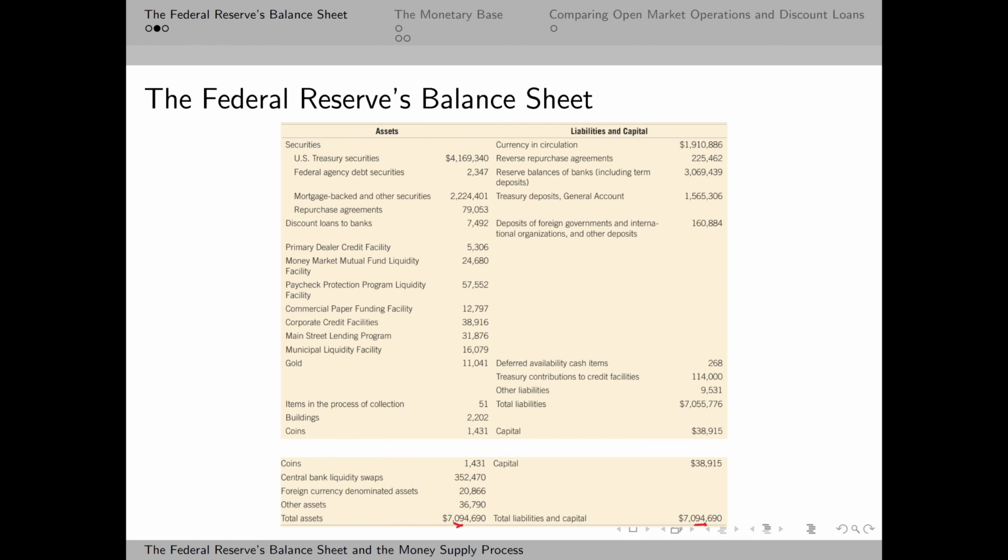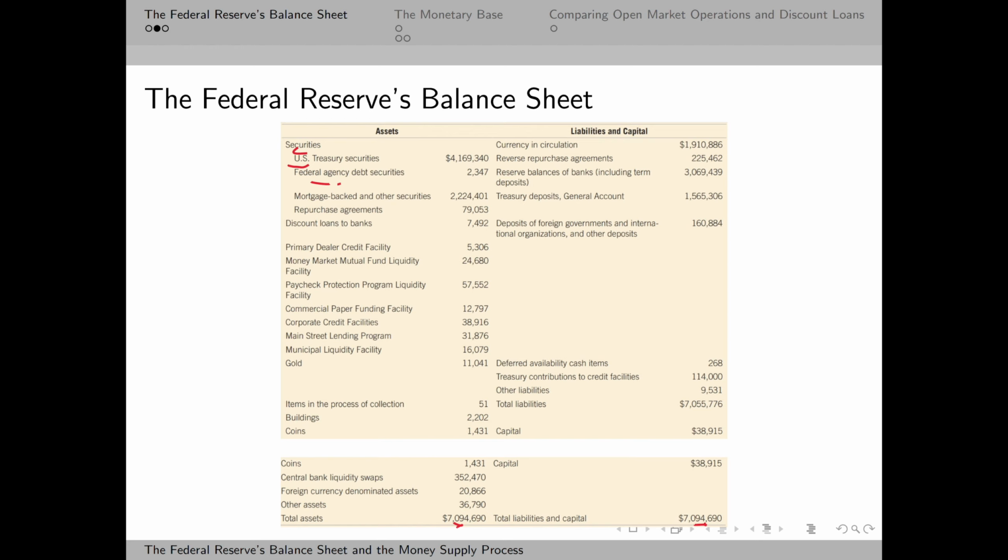And when we look at the assets, they're broken down into a few different parts. You have securities, specifically U.S. Treasury, so this is T-bills and notes, and those account for about $4.1 trillion of the assets that the Federal Reserve has. Then you also have federal agency debt security, so that's the debt it is taking off the hands of other federal agencies.